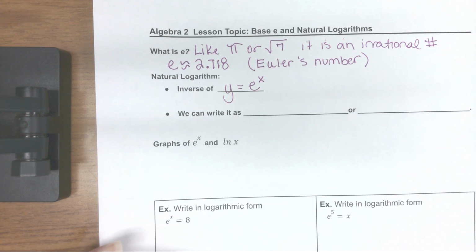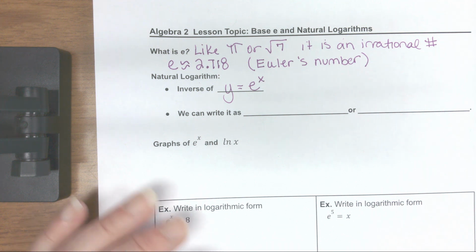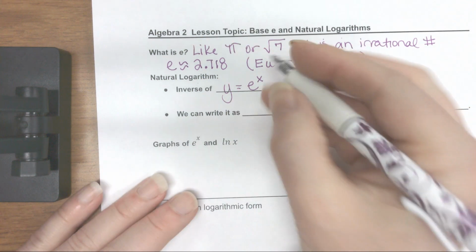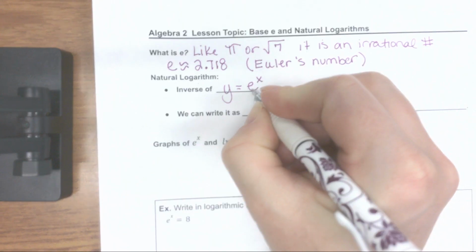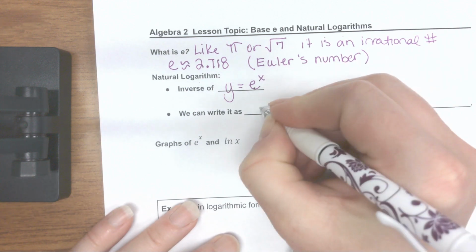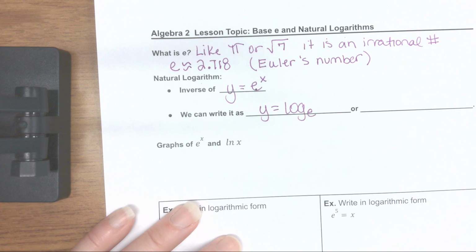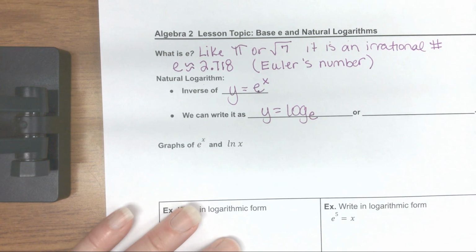The way we can write it is to think of it as a logarithm. We're going to switch those things around. This is going to be my base. So one way we can write it is log base e of x.